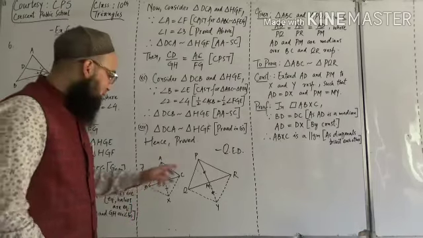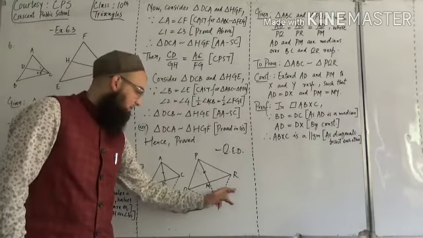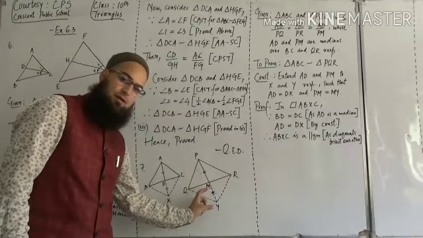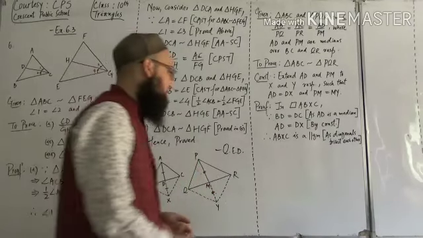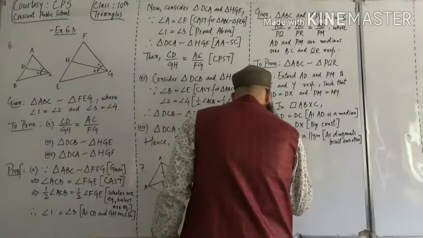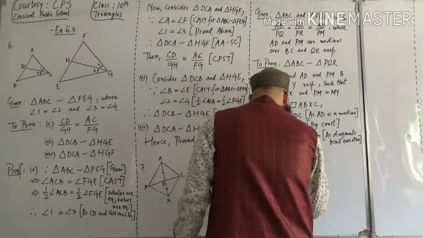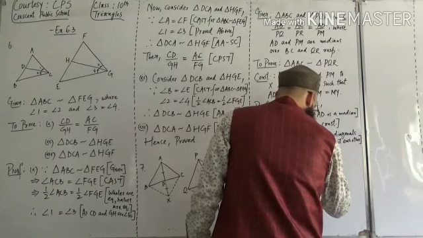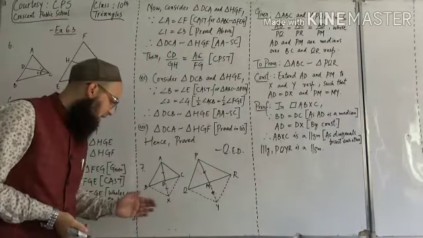Similarly, you can prove PQYR is a parallelogram. How? Again, PM is equal to MY by construction, and QM is equal to MR as PM is a median. Same reason.